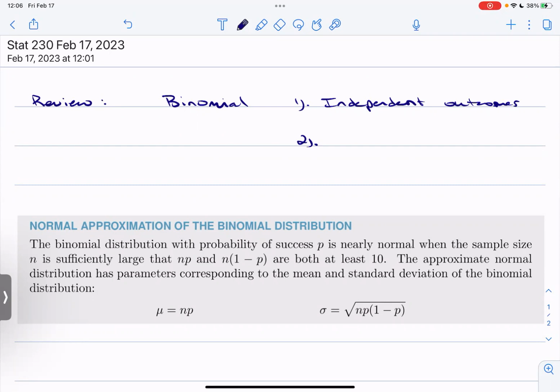Not necessarily just 2, but you can boil it down to 2. So a lot of situations you can turn into binomial situations, but only 2 possible outcomes.